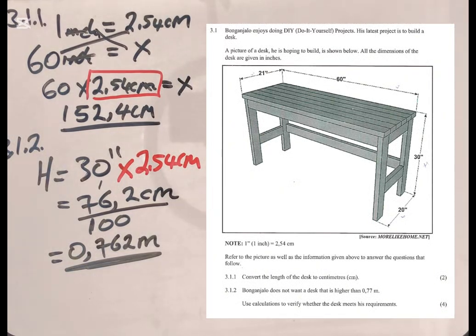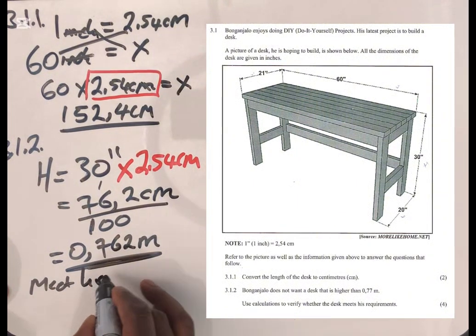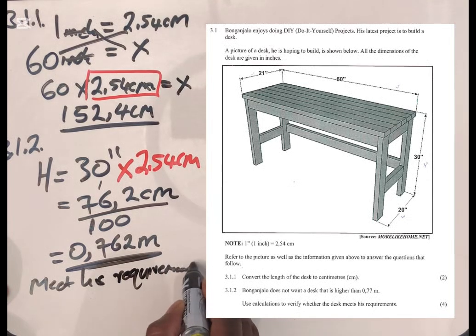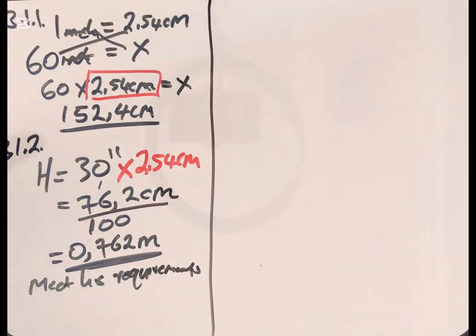And he is requiring something which is less than what? Less than 0.77. We can see that this meets his requirement.